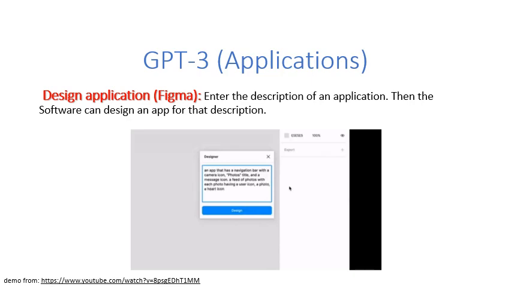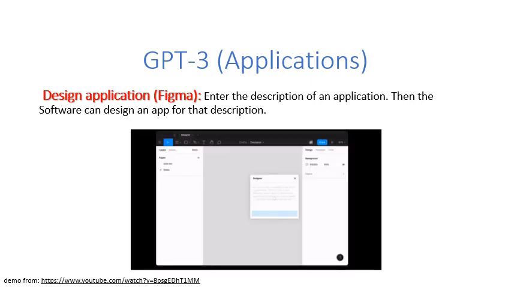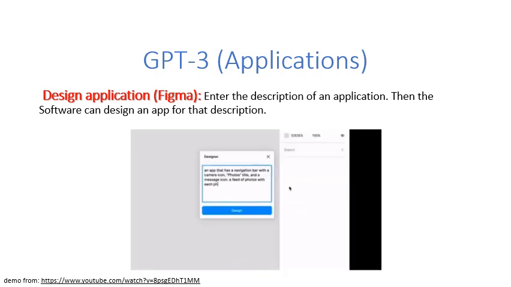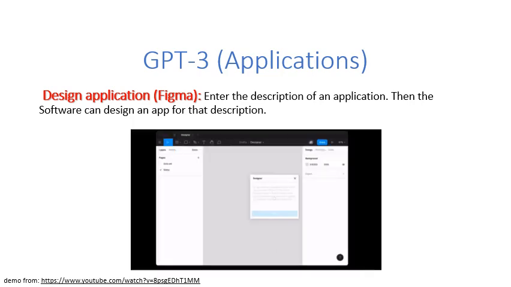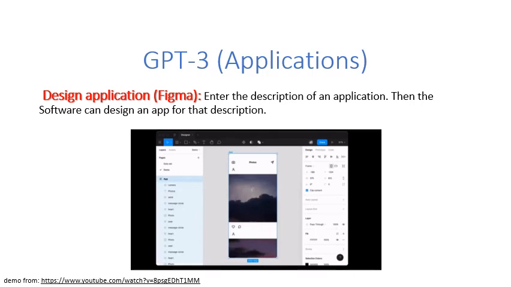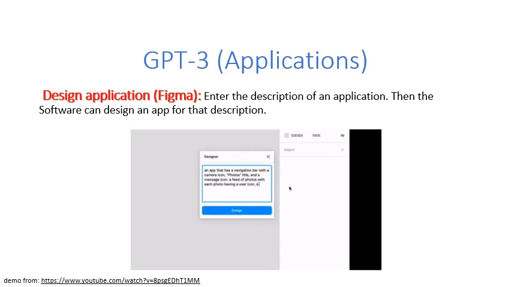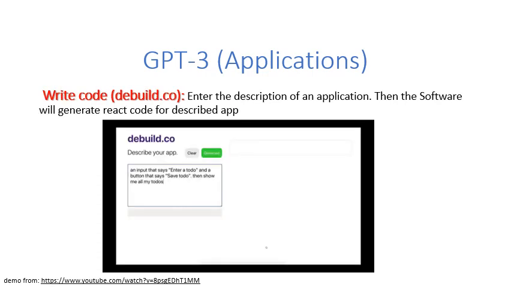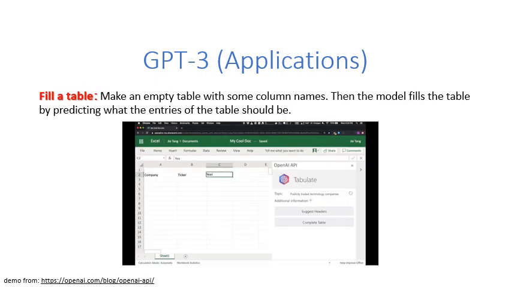These are from the demos that they showed. You can design an application: someone writes the description of the application and it writes code for it. You can think of it as language to language, because the output is also language, but in a programming language. It can fill a table, for example.